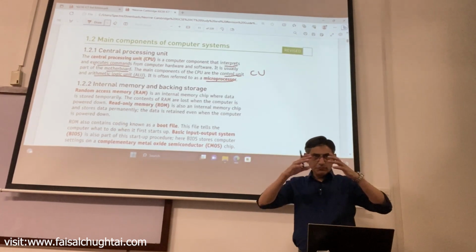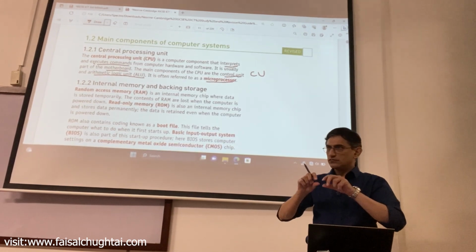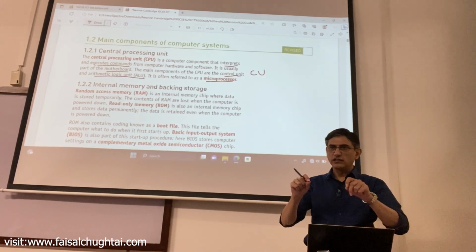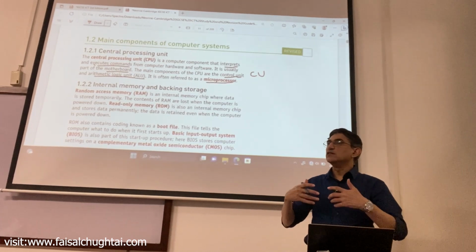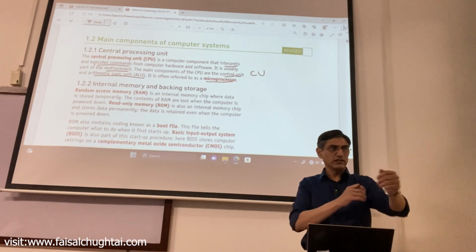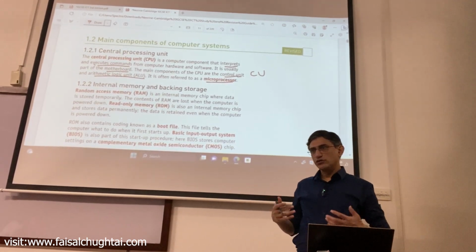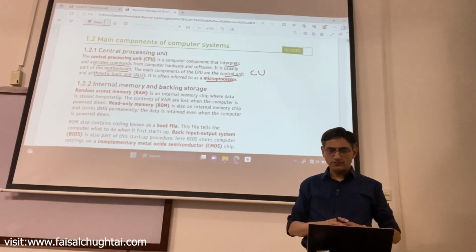So the entire CPU with its various components inside, such as the control unit, the arithmetic and logic unit, and the temporary memory, is actually known as the microprocessor, where, as I said, all the processing that goes on inside the computer is done. Clear, everyone? Very good.